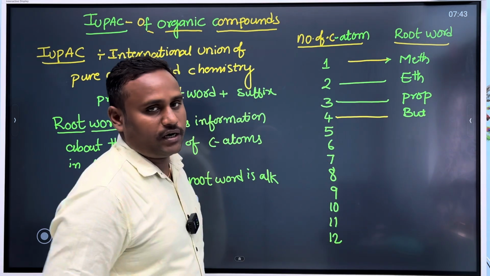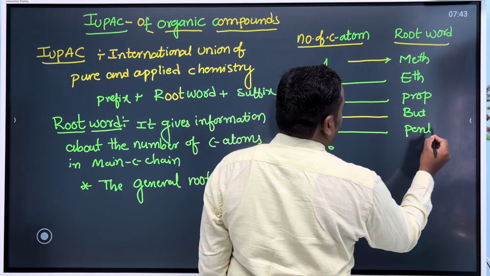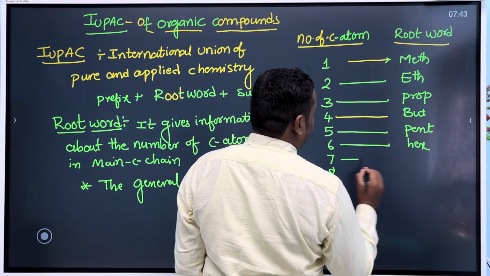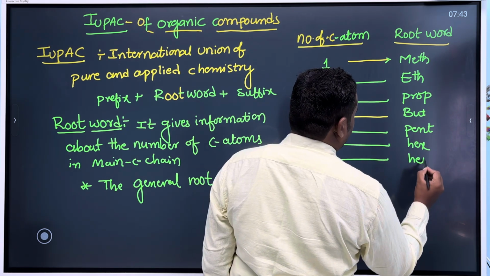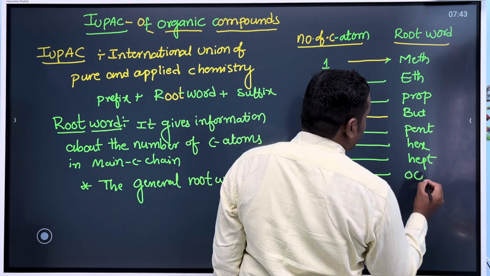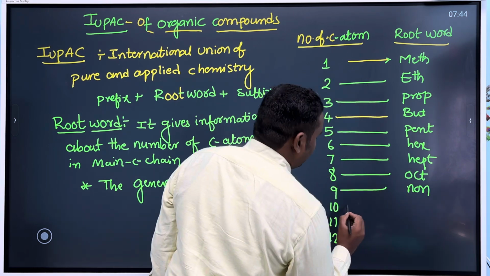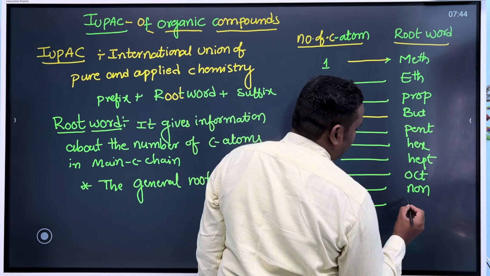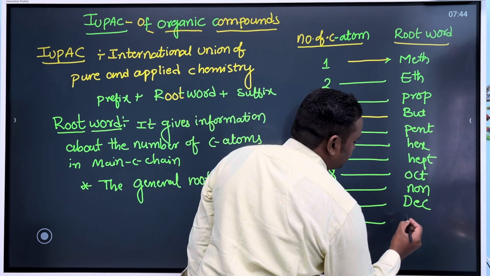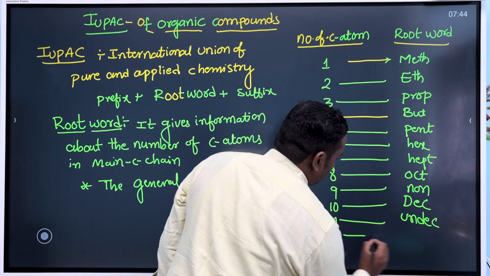If five carbon atoms are present, we use pent. If six carbons are there, hex. Seven carbon atoms, hept. Eight carbons, oct. Nine carbon atoms, non. Ten carbon atoms, dec. Eleven carbon atoms, undec. Twelve carbon atoms, dodec.